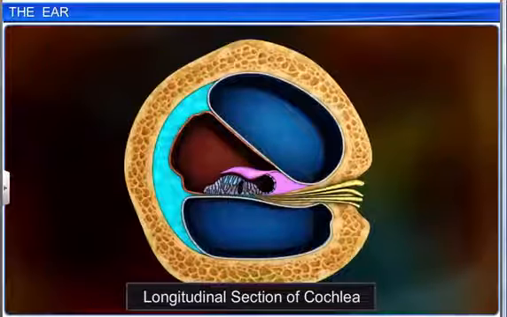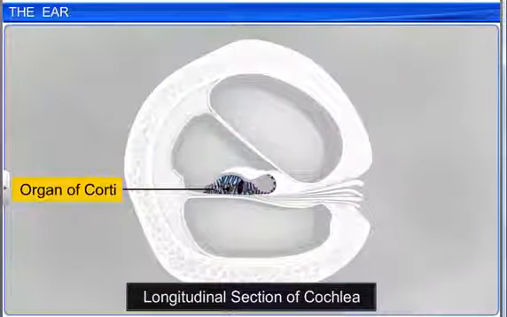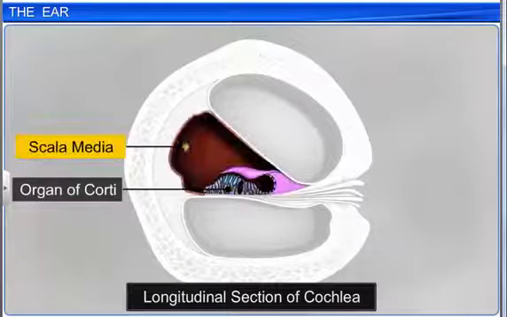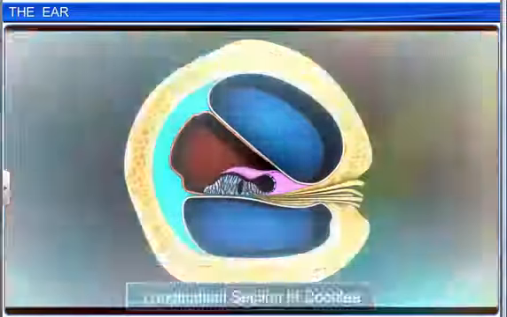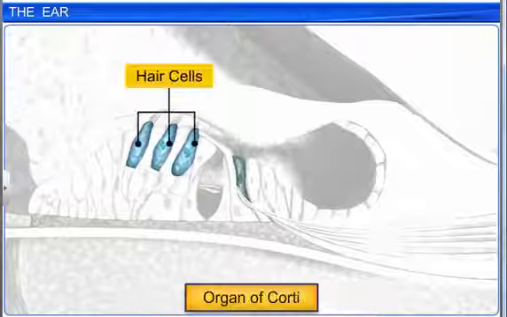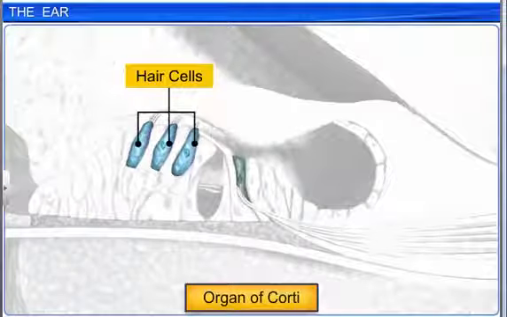The fluids in the labyrinth cushion the soft structures and conduct waves from the middle ear to the organ of Corti. The organ of Corti, located in the scala media, is the actual receptor of sound. It is composed of hair cells that act as auditory receptors.